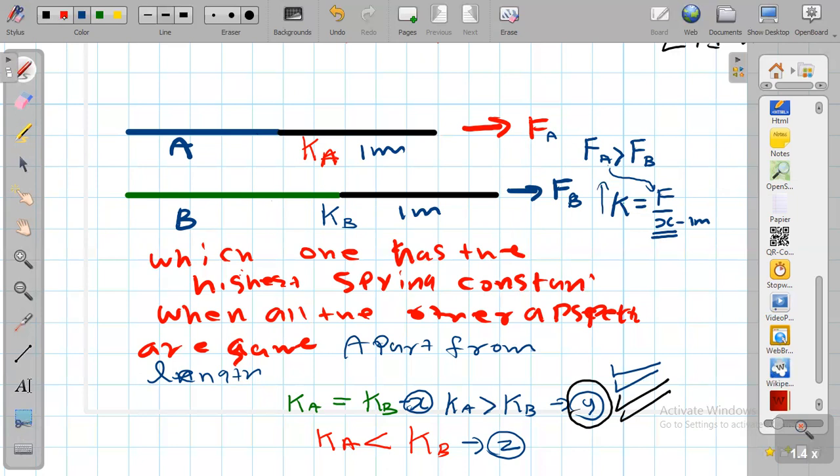When FB is lower, KB is also going to be lower. Can you understand? Because the extension is common for both. Really good.